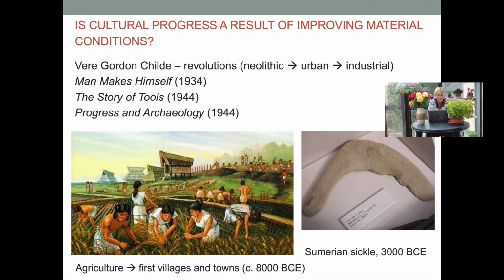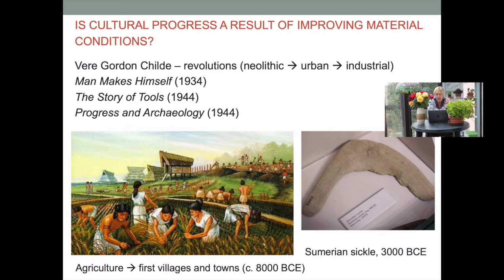If we look at the quality, artistic and even material quality of these works of art, it's long before the agricultural developments, the first permanent settlements, first villages and towns, which do not go beyond 8,000 years before Common Era.